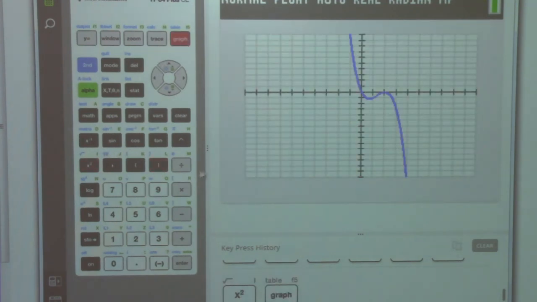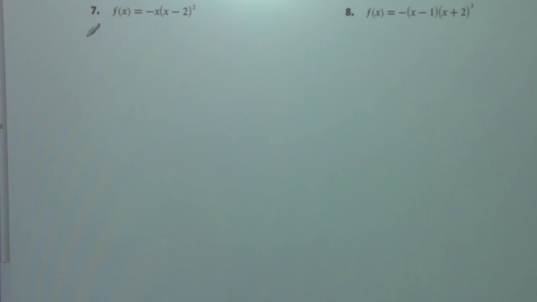Okay, so how many turning points do we have here? So 2 turning points. Okay, and then what about maximums and minimums and all that business?